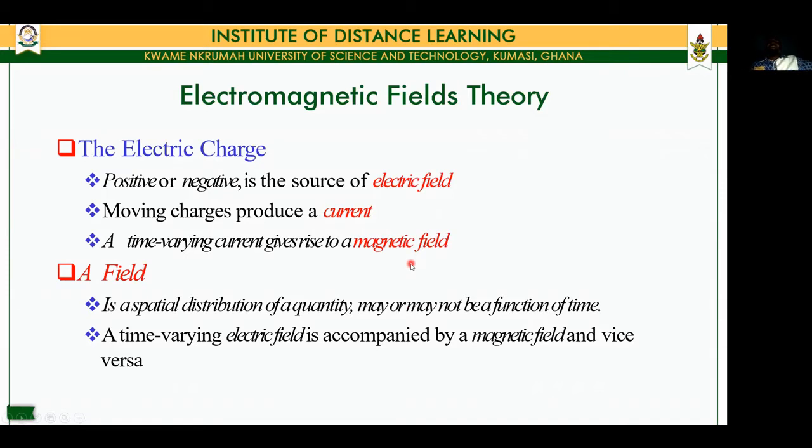So a time-varying magnetic field is then accompanied by an electric field. Whether we start with the electric field first or the magnetic field, if it's time varying, we'll get the other. So a time-varying electric field is accompanied by a magnetic field, and a time-varying magnetic field is also accompanied by an electric field. In other words, the electric field and the magnetic field are coupled together. So we have what is called the electromagnetic field.